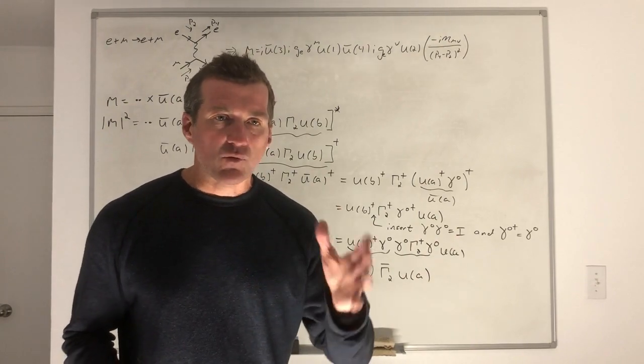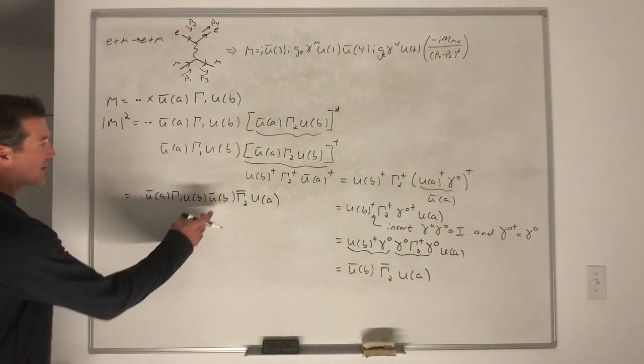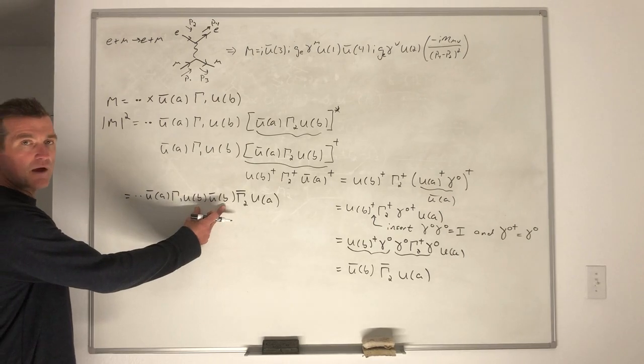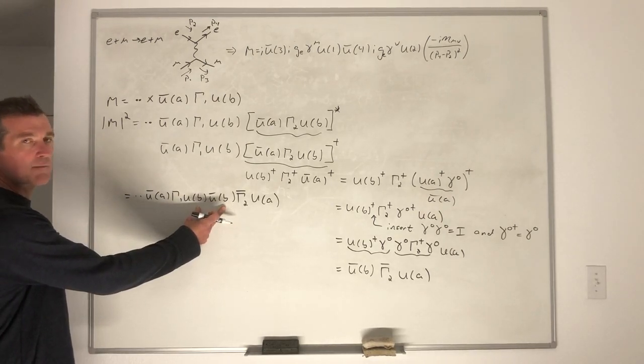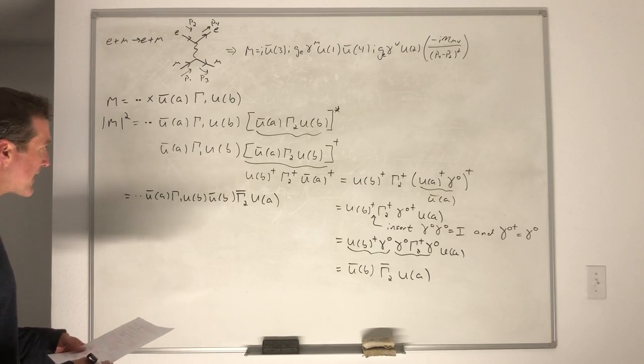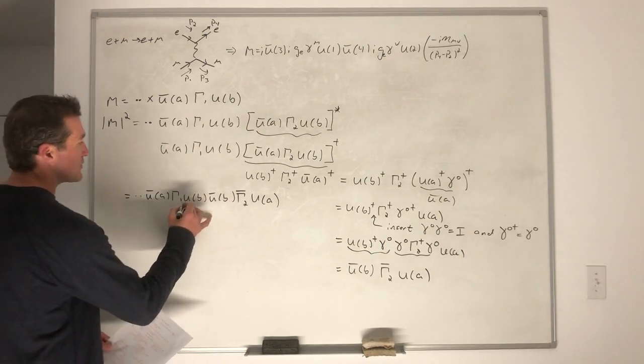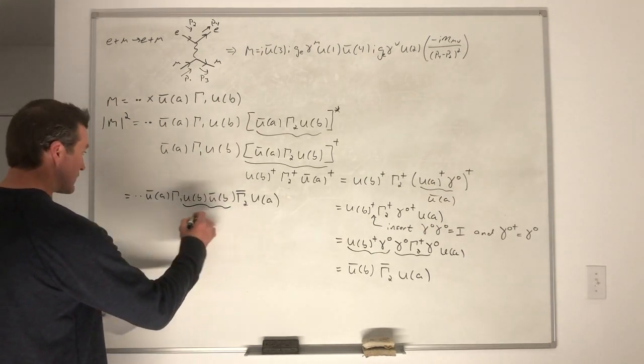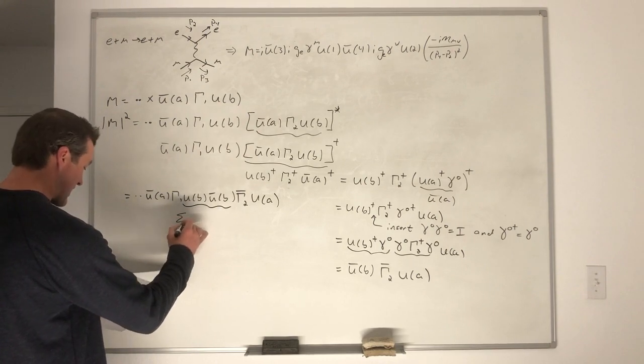So let's start with a summation over the possible spin states associated with particle B. Whether it's incoming or outgoing, it doesn't matter. We have to sum. All right? Does anybody know of an expression I can use to describe this?